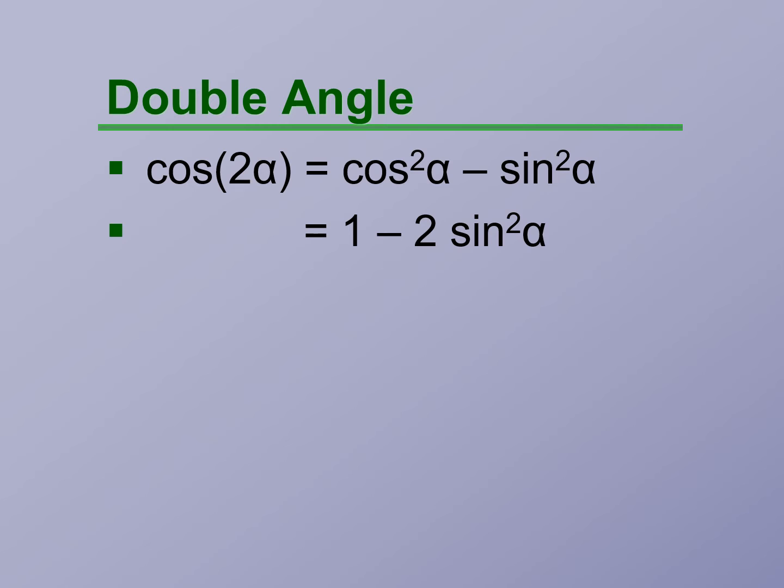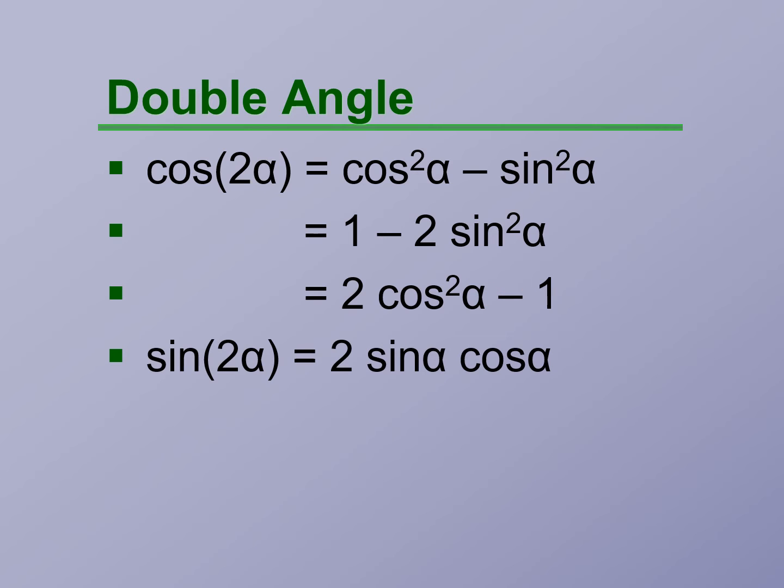Which is the same as saying 1 minus 2 sine squared alpha, which is the same as saying 2 cosine squared alpha minus 1. And then we have our sine double angle, which says 2 sine alpha times cosine alpha. This is what we get after we apply the sum identity to sine alpha plus alpha.